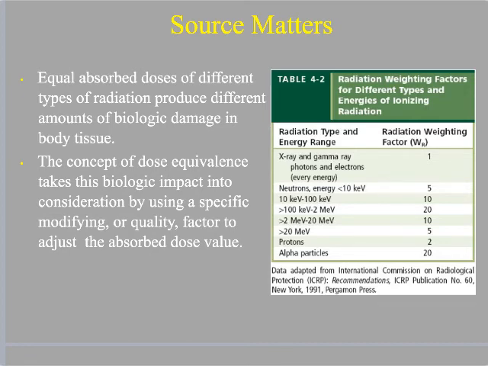Just know that if I ask you a problem that requires a radiation weighting factor, I will give you the weighting factor. So if it's a calculation problem, I'll tell you, for example, the weighting factor for alpha particles is 20, right? At the same time, I expect you to understand that these weighting factors vary based on the size.